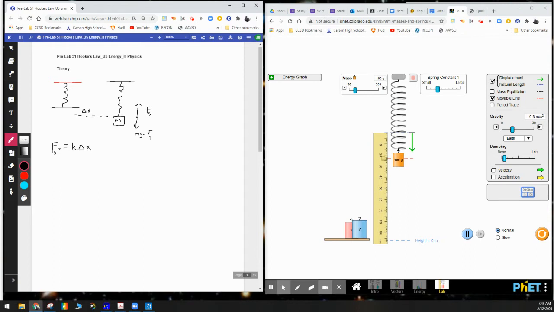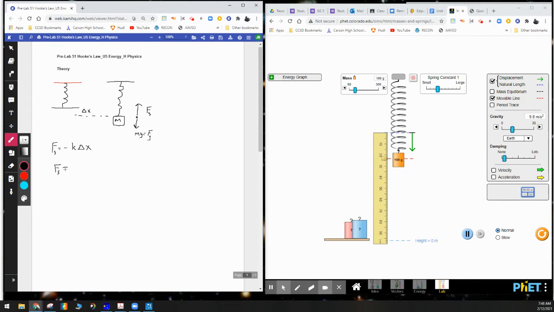The negative sign just means restoring force, restoring back to its normal position. In normal calculations, we ignore this, but technically it's a negative sign to show it's a restoring force. So we could rewrite Hooke's law like this.